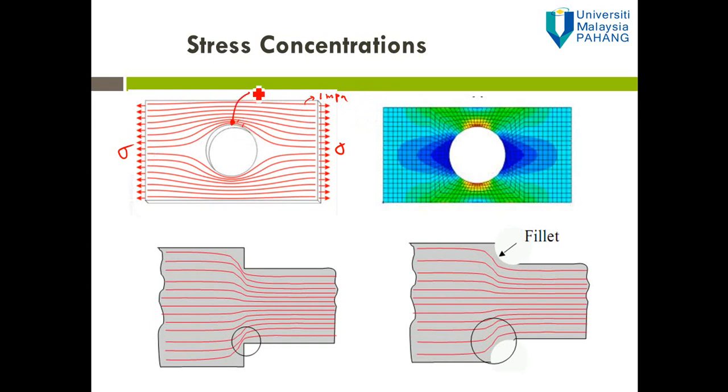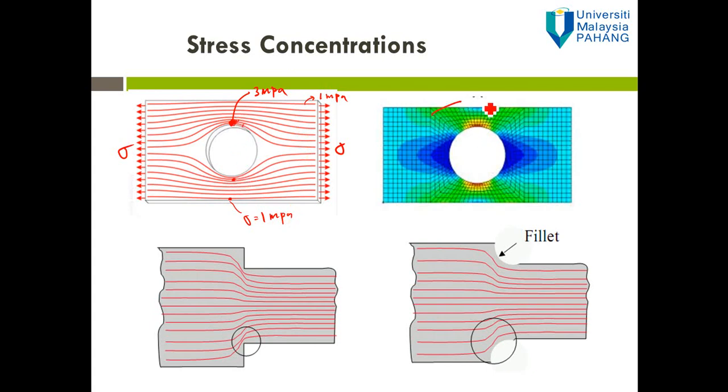If one line represents 1 megapascal, because 3 lines are concentrated here, the stress will be 3 megapascal. What happens at this location? Because we have only one line, the stress is equal to 1 megapascal. So you can see the lines are concentrated at this point and also this point. This is what we call a stress concentration point.